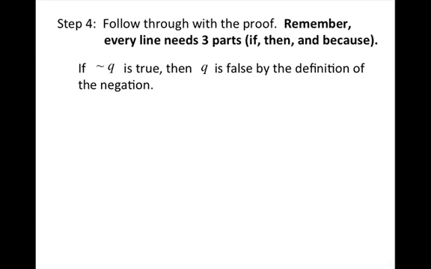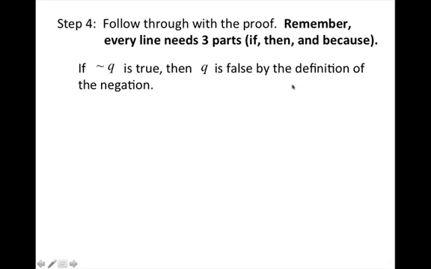So first we said, if not Q is true, then Q is false. And the reason is the definition of the negation. This has my three parts. I have my if, I have my then, and I have my by. My if was something I was told was true. My then is what I'm trying to prove in this line.